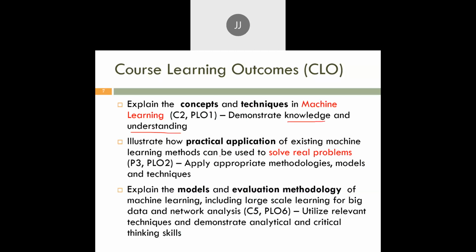The second one, of course, is your practical skill. We look at all the algorithms, how you use them, what command to be used, and what method to be used. We will also assess you based on your practical skill. And lastly, we look at the ability to explain the model and how to evaluate the model that you use.